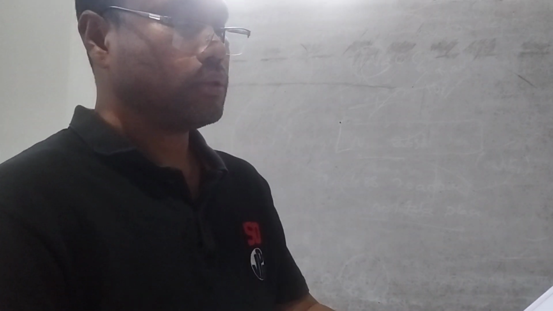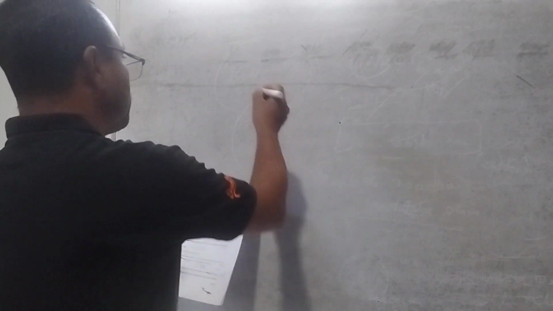What are the answers? I'll give the answers, so just check what you have written in your answer paper. This question carries 1 mark each for 2 points, right? Now I write question number 15 here.